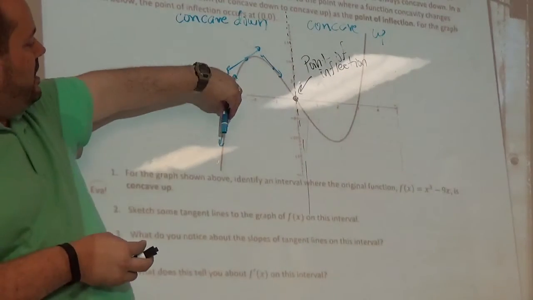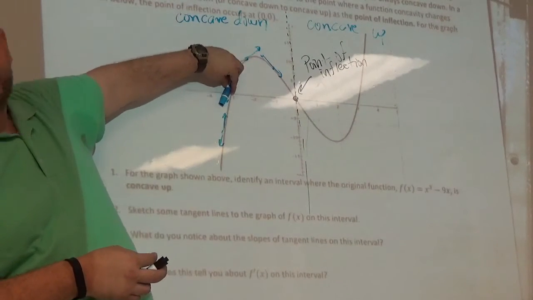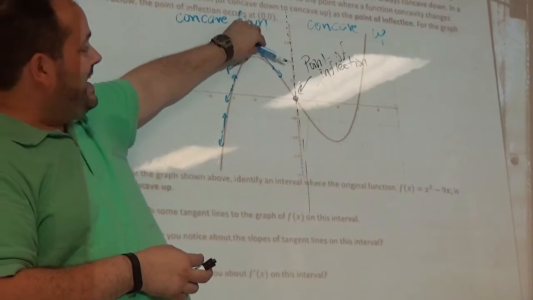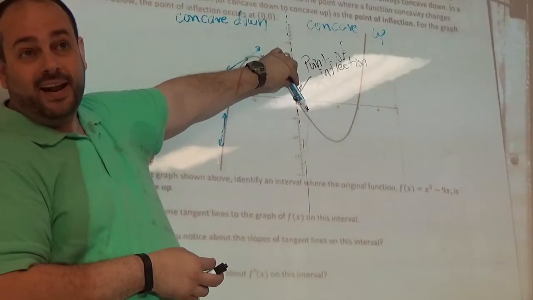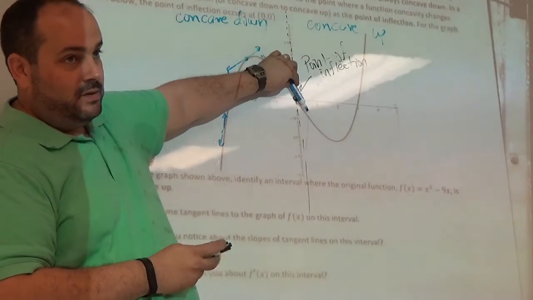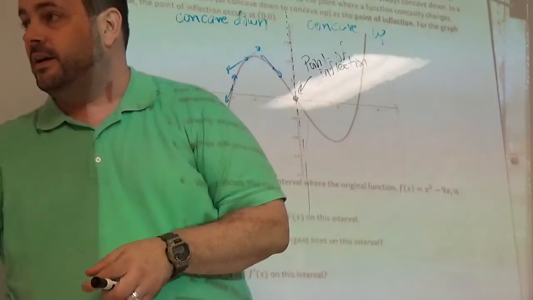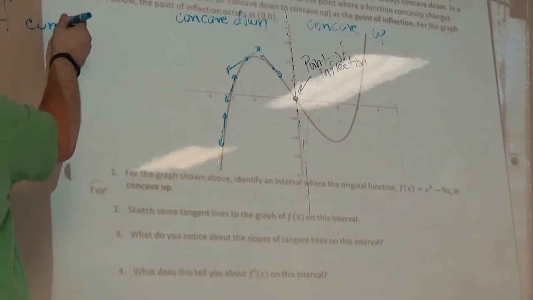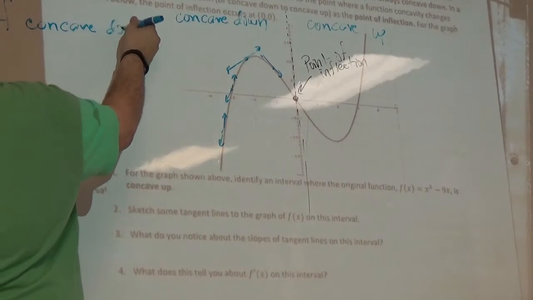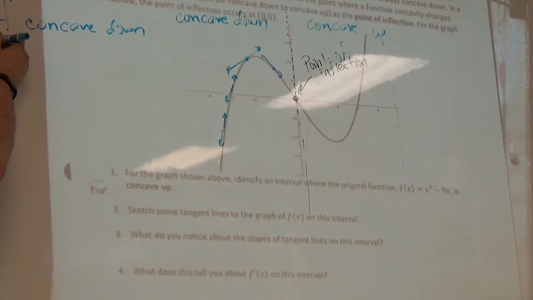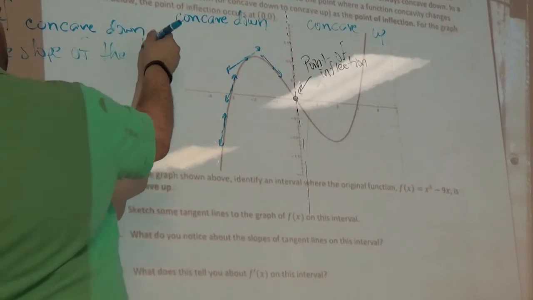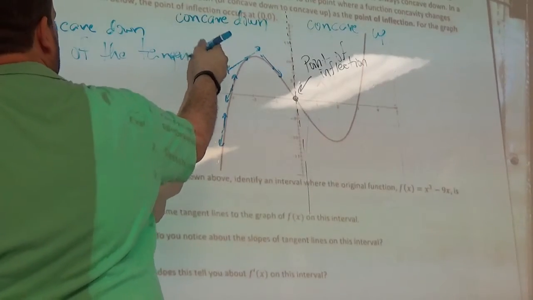One more time. Positive, less positive, zero, negative, more negative. What's happening with those? They are decreasing. If f is concave down, make sure you get this captured. The slopes of the tangent line, what did we just say is happening?